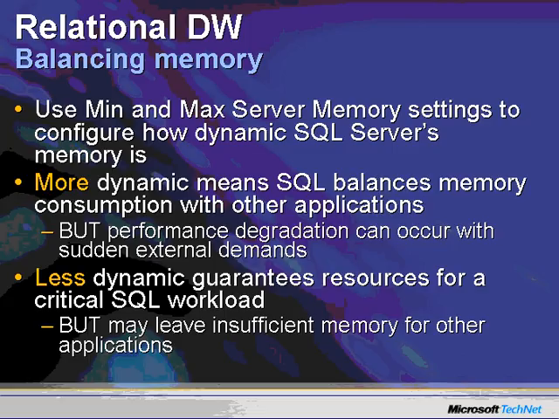So typically we back off from fully dynamic memory and use less dynamic memory. And again, you do this by manipulating these min and max server memory settings. This means you'll be less efficient in your management of memory. The relational database is guaranteeing its own memory so that it has enough memory to do the work that it needs to do. But that may, under some or even many conditions, leave insufficient memory for other applications.